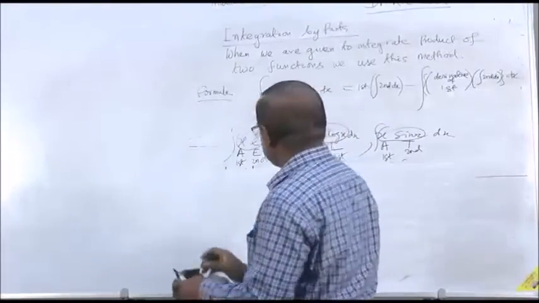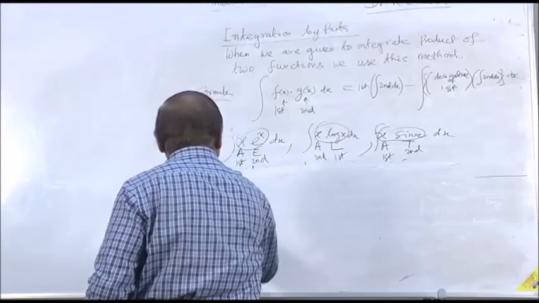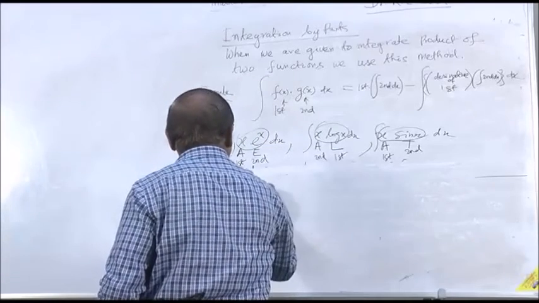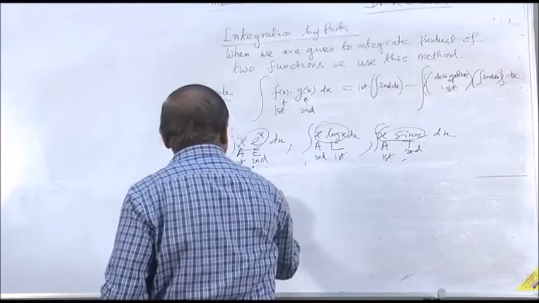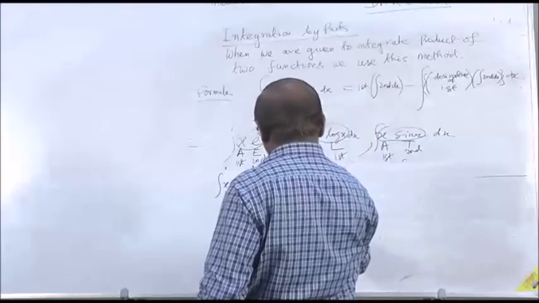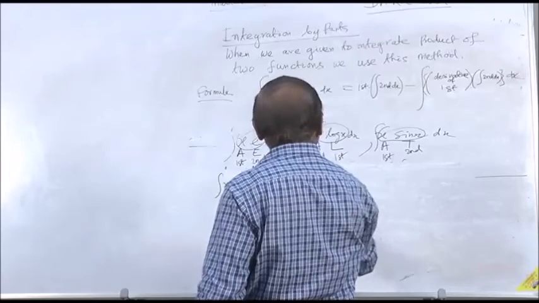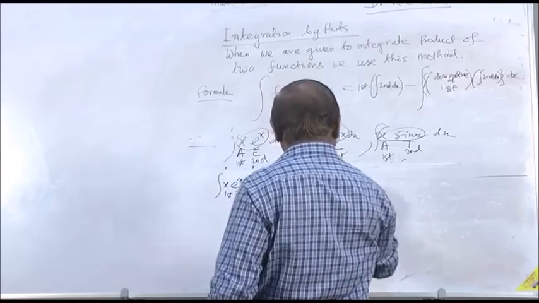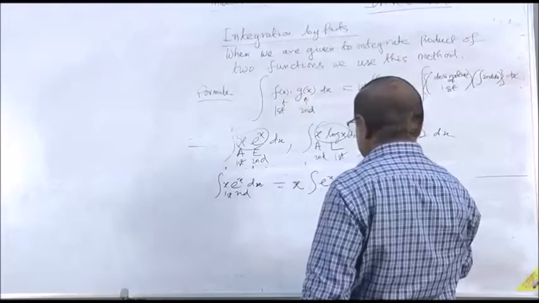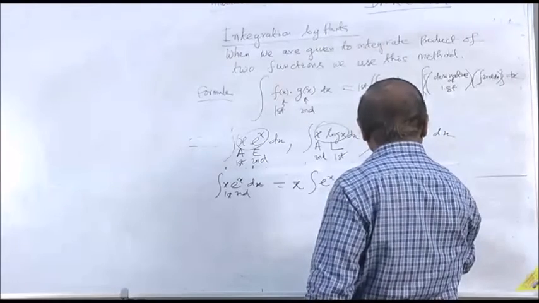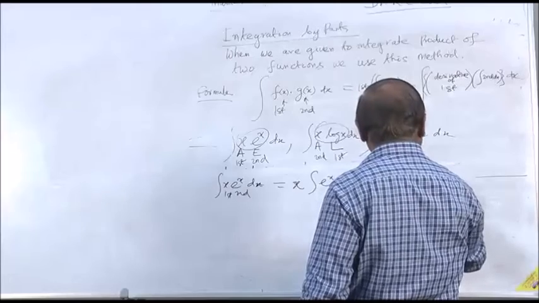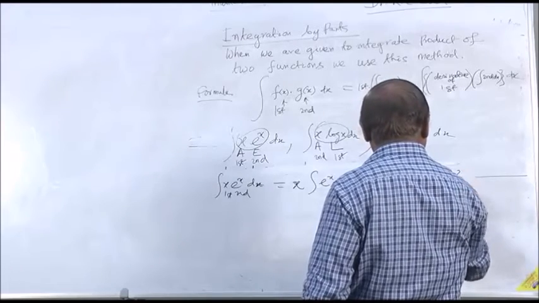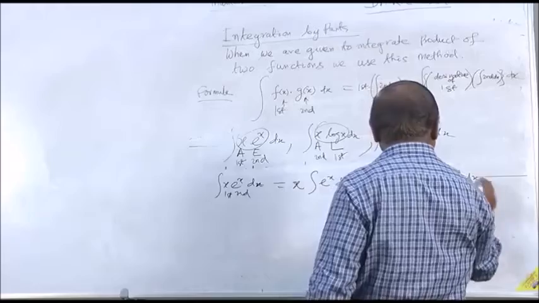Let us take this question: integration of x e to the x dx. I have told you the method of choosing first and second, and here the formula is: first into integration of second, minus integral of derivative of first into integral of second, dx.